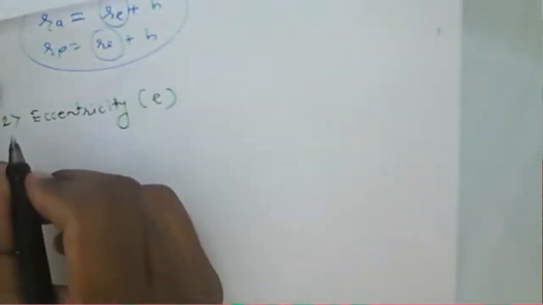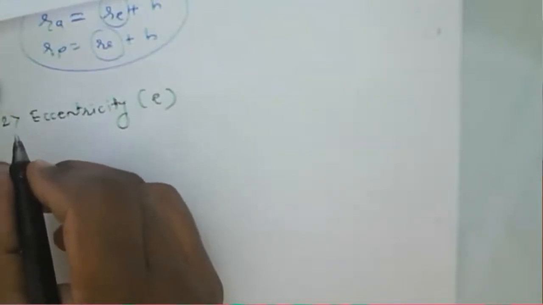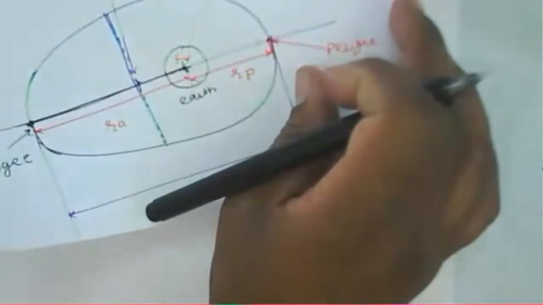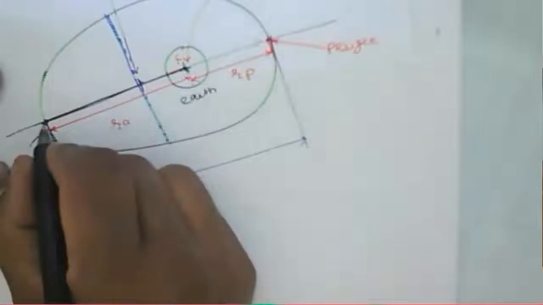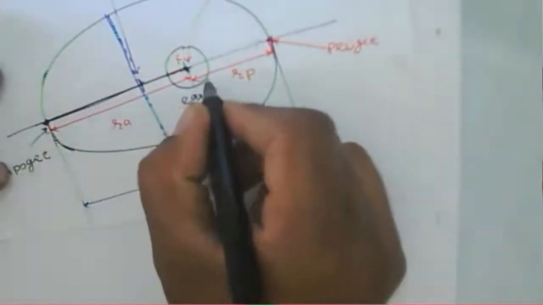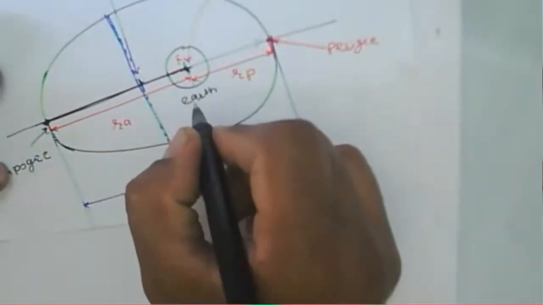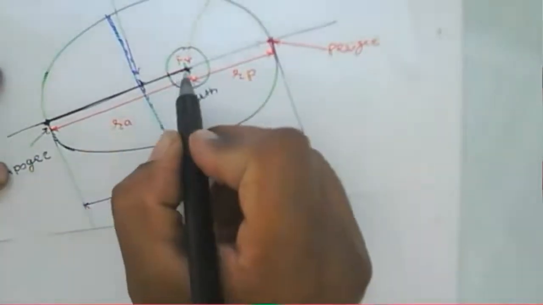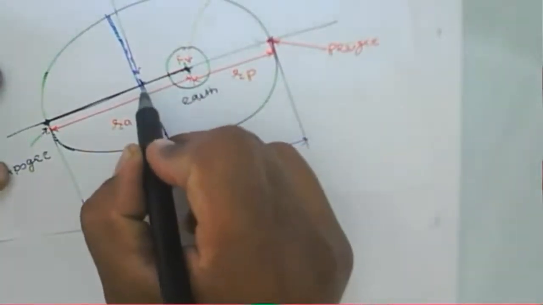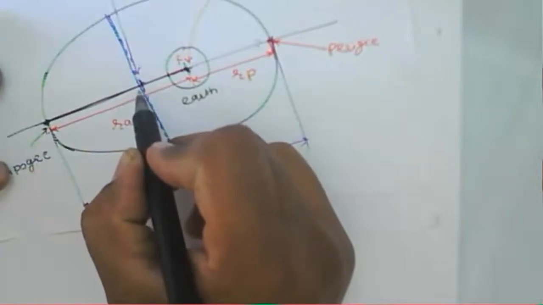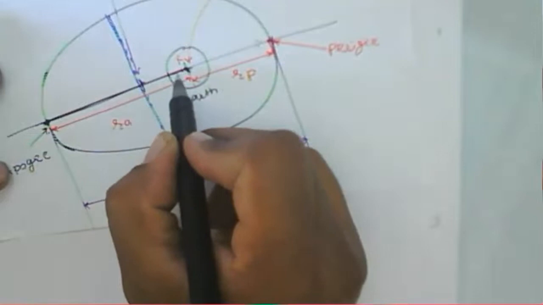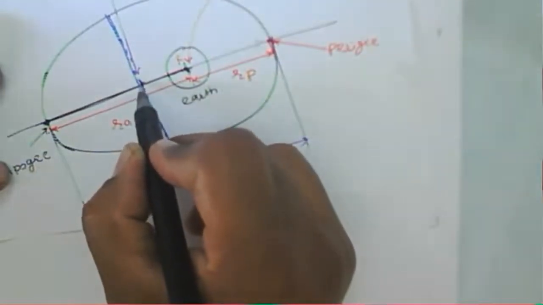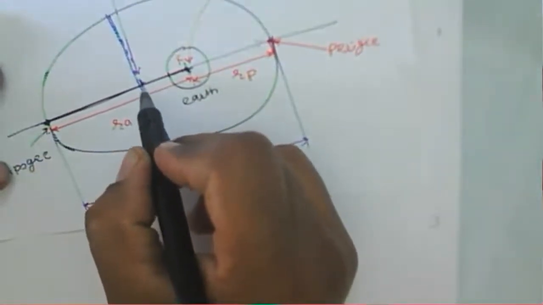Because we consider a satellite, it makes an ellipse. If the distance between the focal point, or focus, reduces from this point to this point, then what happens? The focus point will merge to the center of the earth.